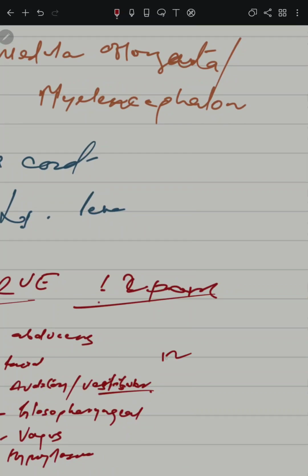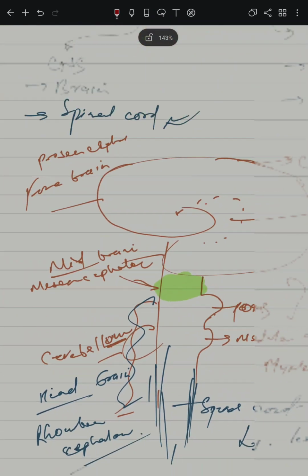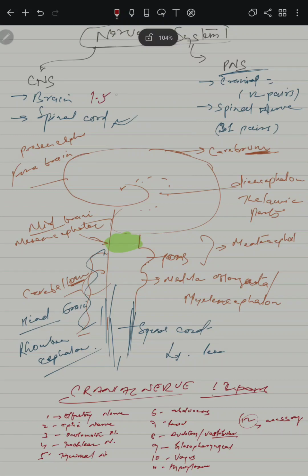And 12, the last one, is the accessory nerve. It's responsible for shoulder movement and neck movement. And basically the brain is 1.5 kg. It's the normal weight.